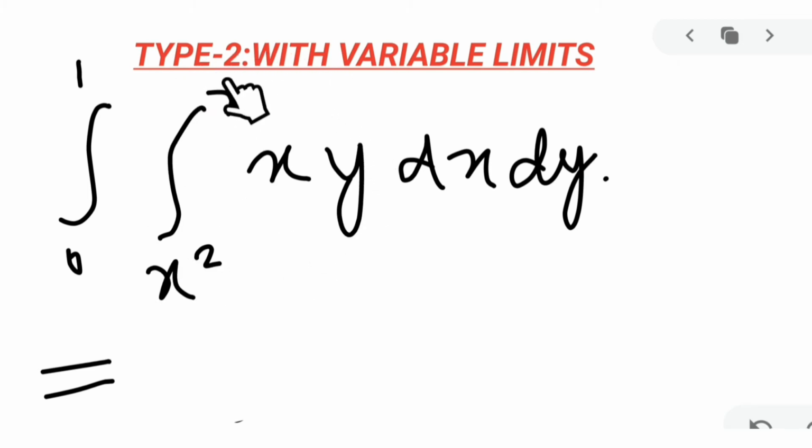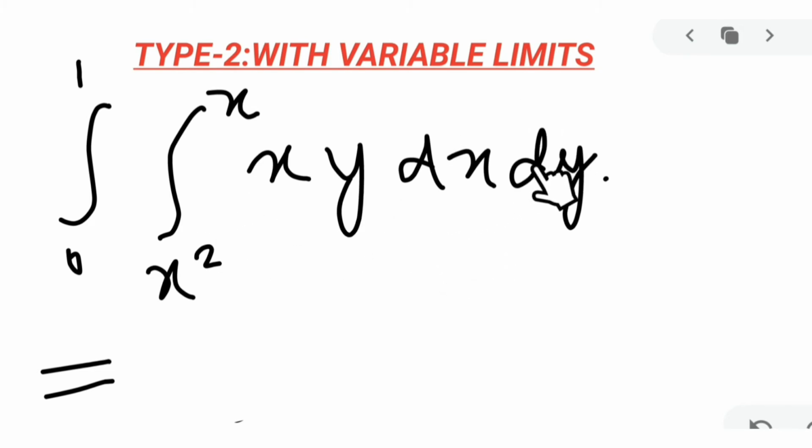Because if the limits are in terms of x, then the limits are actually of y. Therefore, we integrate with respect to dy here. And if the limits are in terms of y here, then the limits are actually of x. As these are the variable limits, we need to integrate with respect to dx.